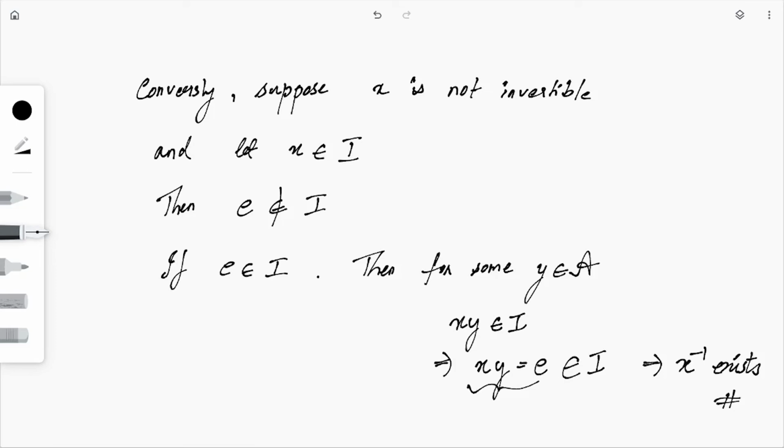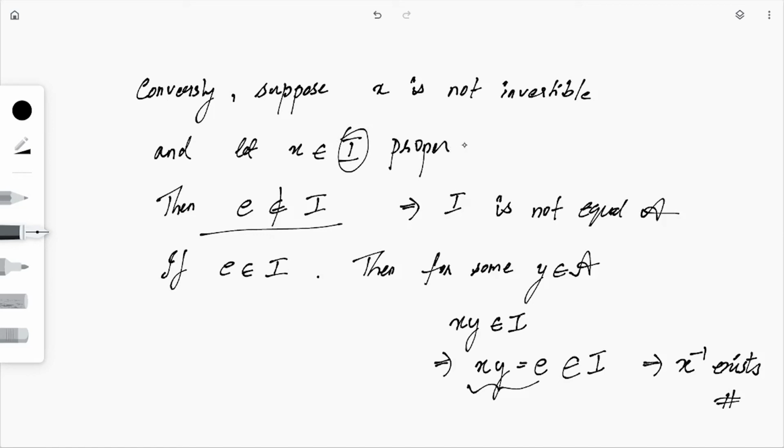So E is not an element of I, so this implies I is not equal to A, right? Or I can say that I is a proper ideal. So if x is not invertible, then x belongs to I, which is a proper ideal.